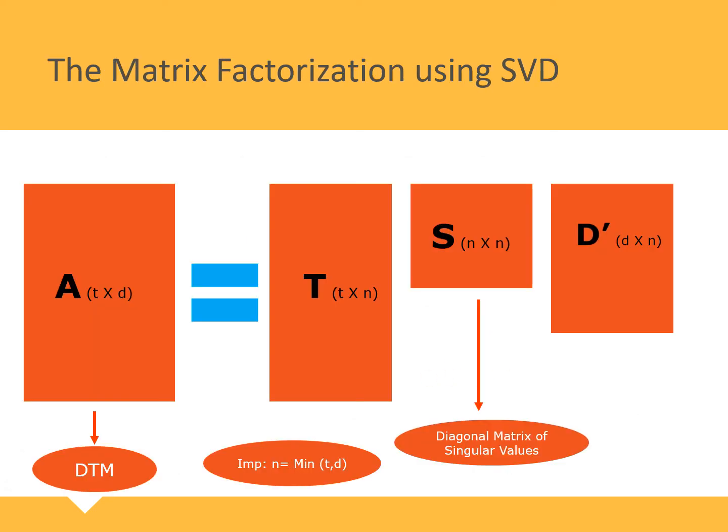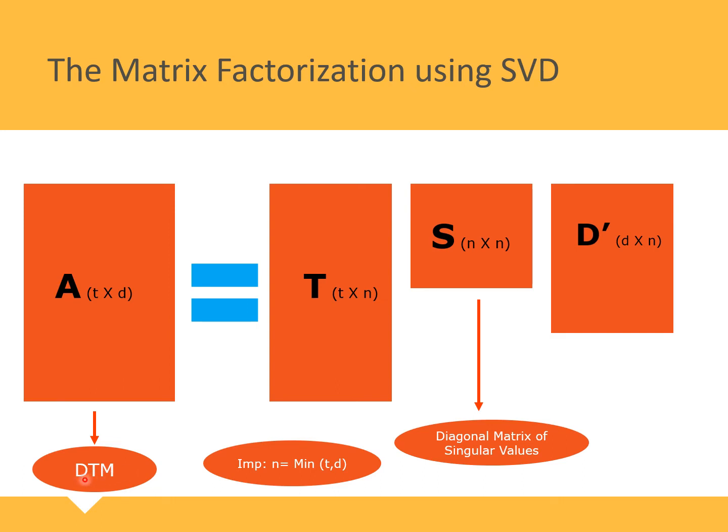Okay, so we have been looking at some really nasty looking expressions, so let us try and simplify things a little bit. So the matrix factorization, how does it work? We start off with, it's a typo out here, it's not the DTM, it's actually the TDM, but as long as you understand, it's fine.